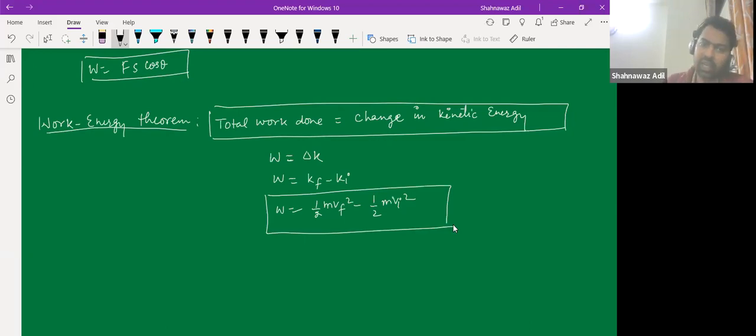Whenever they want you to calculate the work done, you will look at the force which is applied. But if the velocities are given, then from this relation, you can calculate the work done. So this is the relation that relates the work with the kinetic energy.